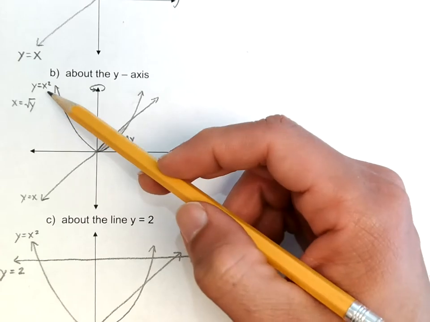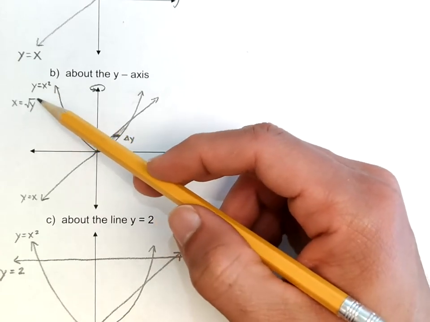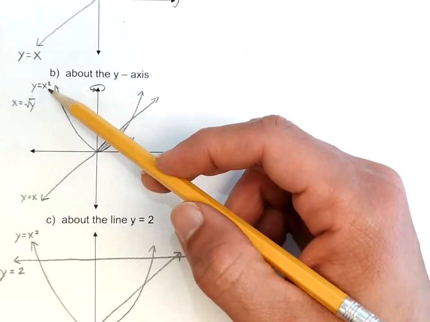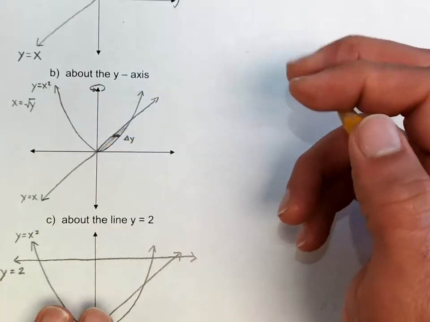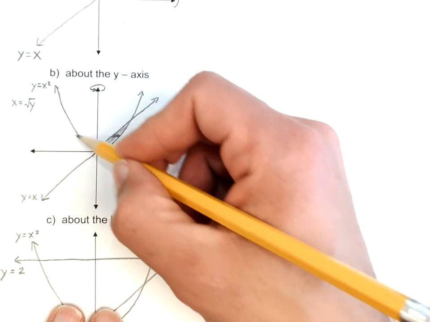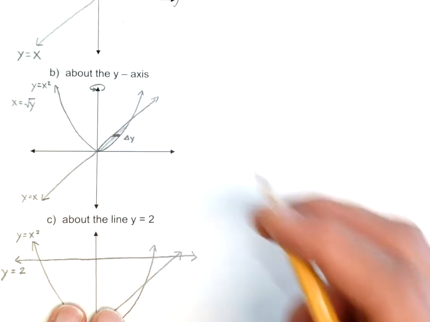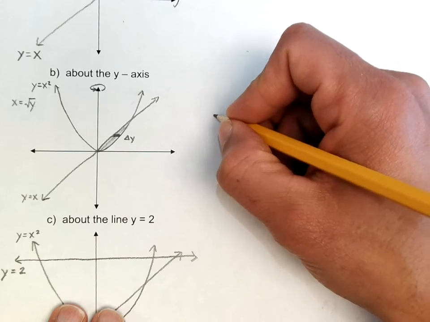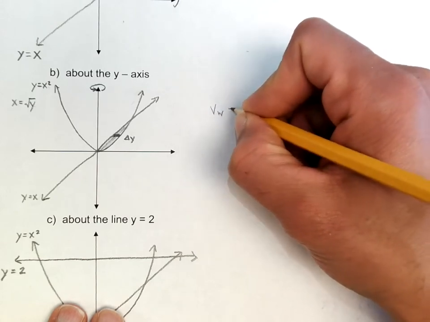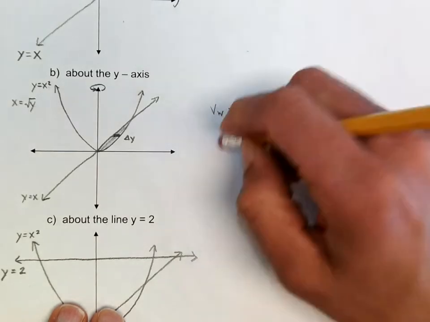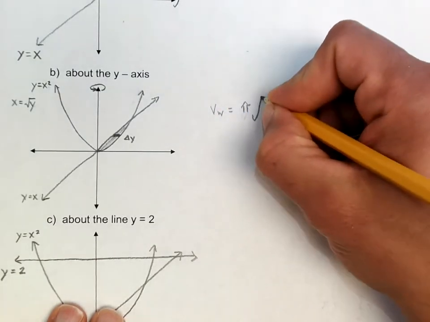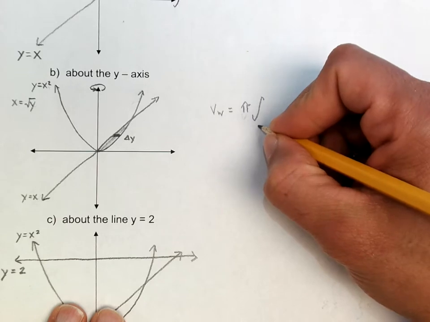Notice that right here I wrote x is equal to the square root of y. I got that from here just by solving for x. So this line right here is x equals the square root of y. Same idea. Now the volume of the washer is going to be equal to pi times the integral between 0 and 1.